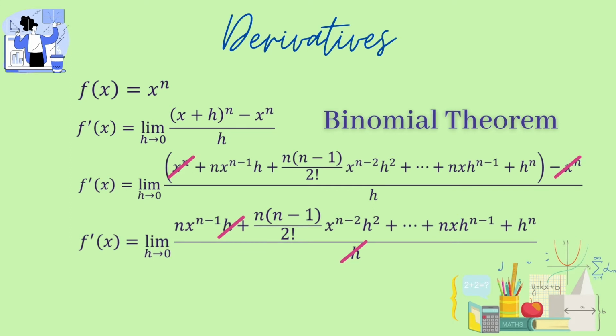The second term will now just have h instead of h squared. The second to the last term will have h to the quantity n minus 2. And the last term will have h to the quantity n minus 1.